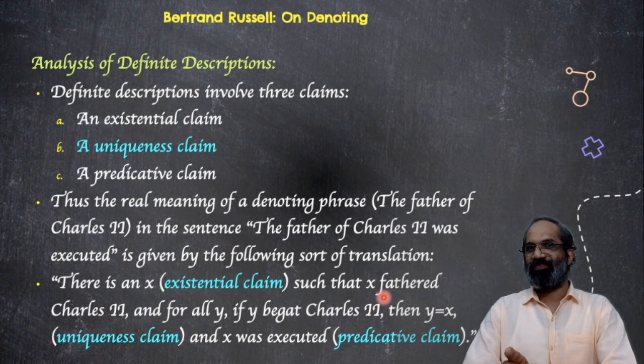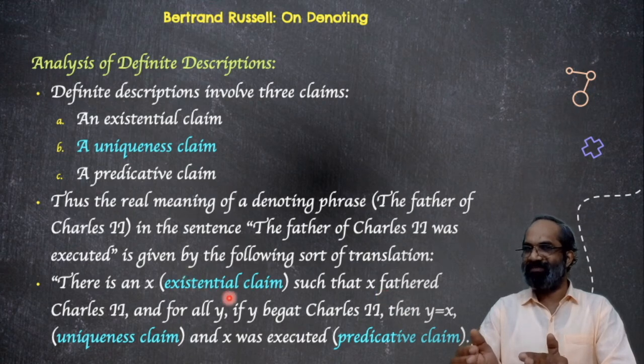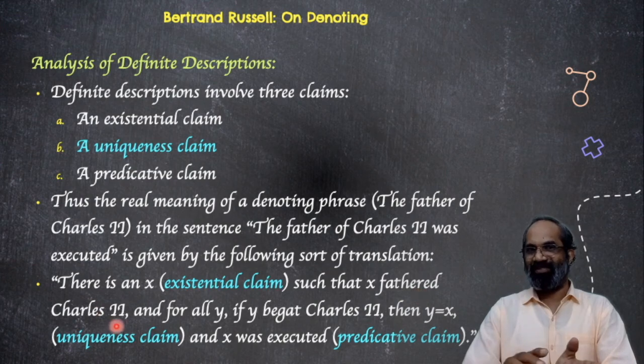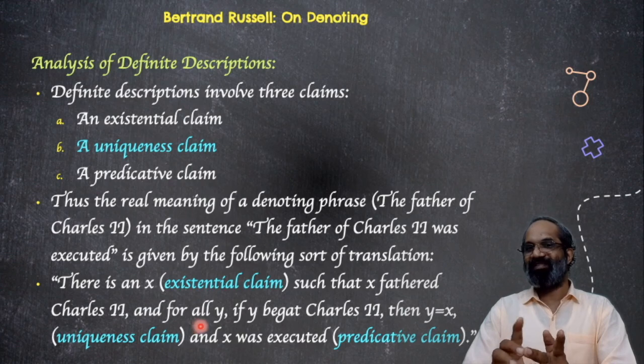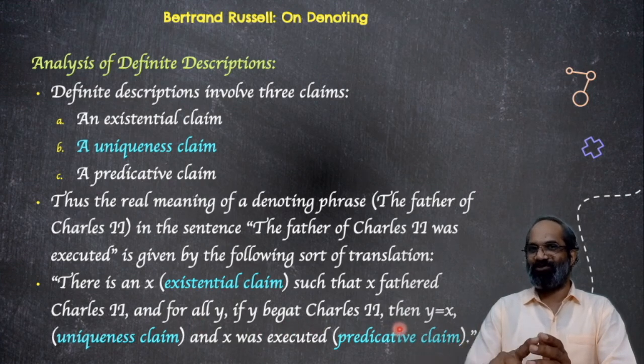So if you translate into a formal language, it means there is an X, that's the existential claim, such that X fathered Charles II, and for any Y, if Y begets Charles II, then Y equals X. If anybody fathered Charles II, if anybody is the father of Charles II, then that fellow is again that X. That's the way in symbolic language the uniqueness is claimed.